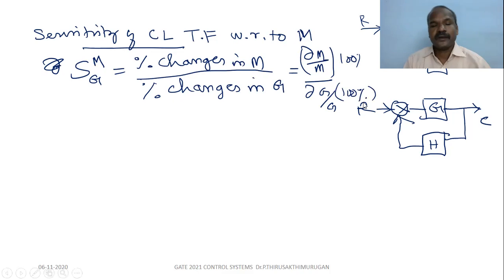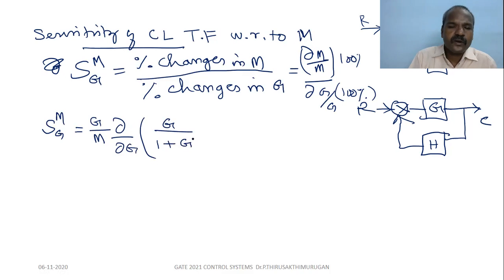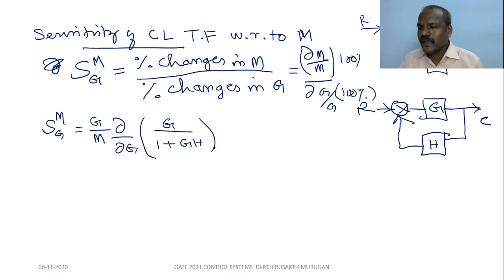So the percentage change in M is 100% if the percentage change in G is 100%. So, the sensitivity of M with respect to G is G by M times dou M by dou G, where the closed loop transfer function is M equal to G by 1 plus GH.